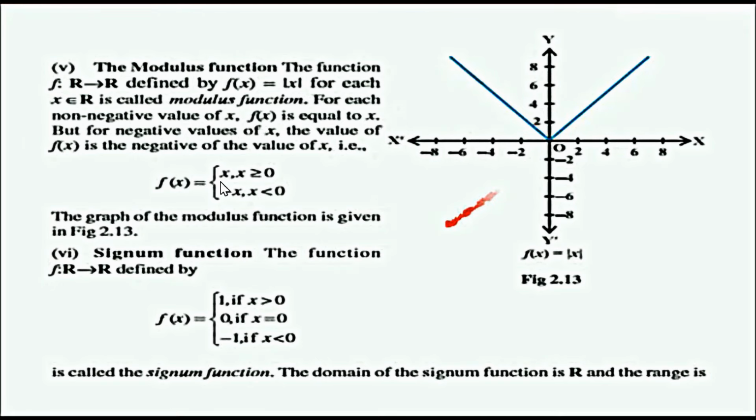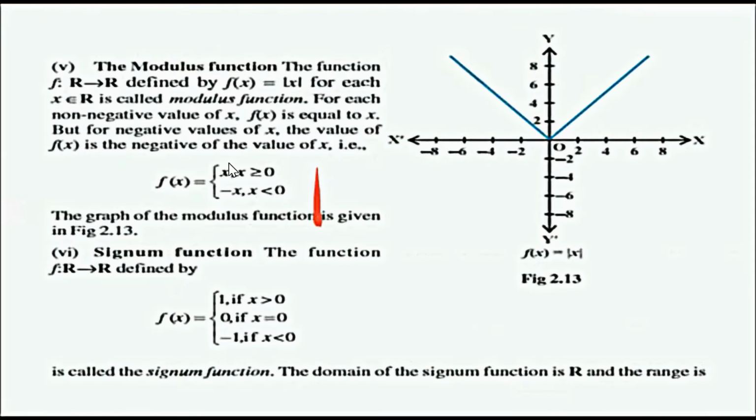What about this? See, let us formalize it. f(x) will be x for any x that you put which is greater than 0. But if you place x which is less than 0, then you are going to get minus x, that is minus of minus x, which is going to give you a positive one.